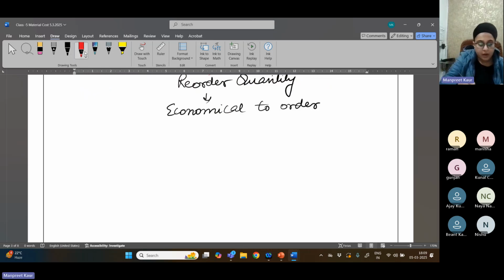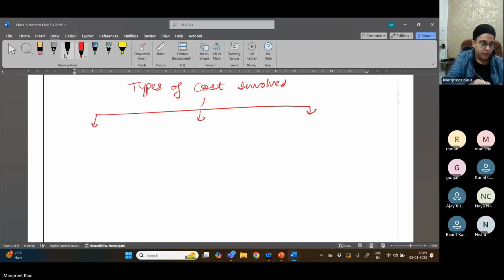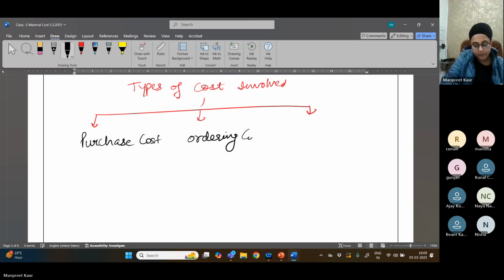Here there are three types of cost involved. That means purchase cost, ordering cost, and carrying cost involved.